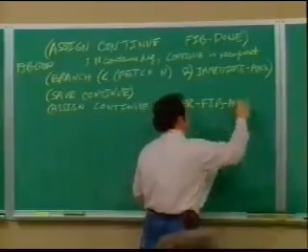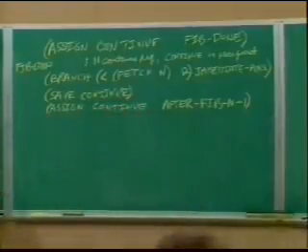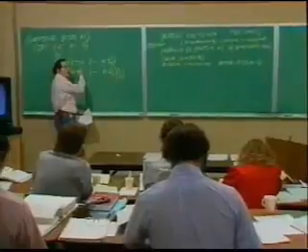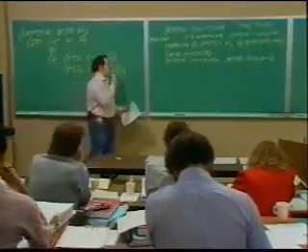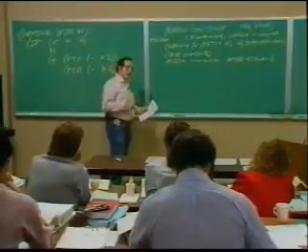Big long name. Classic Lisp name. Because I'm going to compute the first fib of n minus 1, and then after that I want to come back and do something else. So that's the place I want to go to after I've done the first Fibonacci calculation.